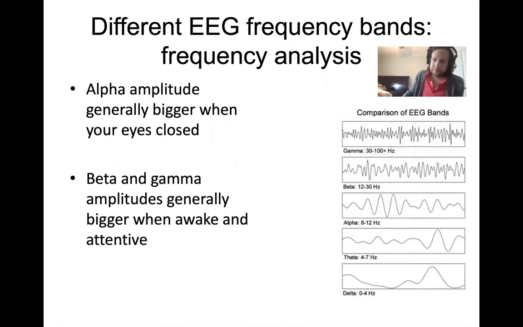There's low frequency information in that trace, which would be called delta activity. Delta activity would be slow waves that are embedded in that trace. They're not always easy to see with the naked eye, but you can use mathematical calculations performed by computers.